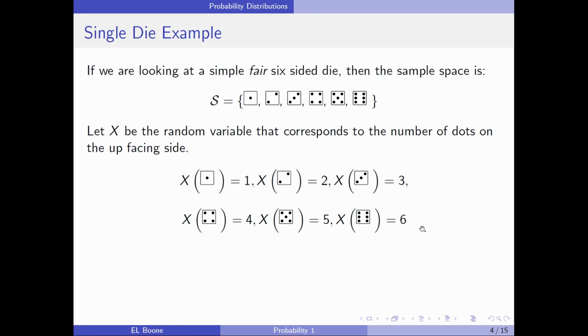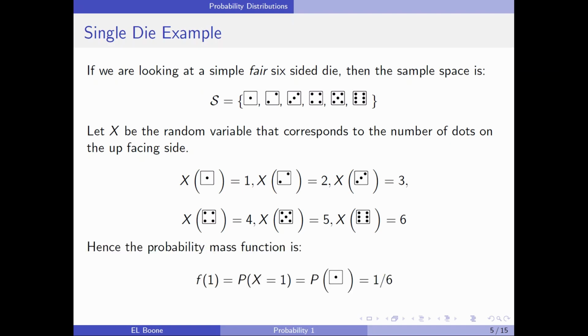Super easy. If I trace this backwards, f of 1, which is the probability mass function, or distribution, has to match the probability that x equals 1, so I look back into the sample space to see where that occurs. It occurs with this particular outcome, and we know from before the probability is 1/6.